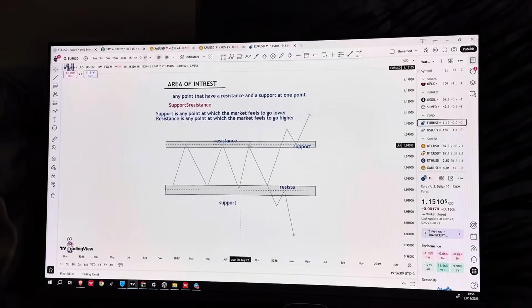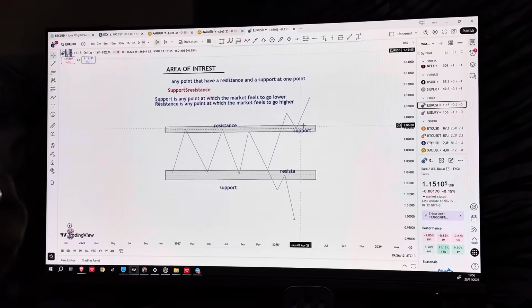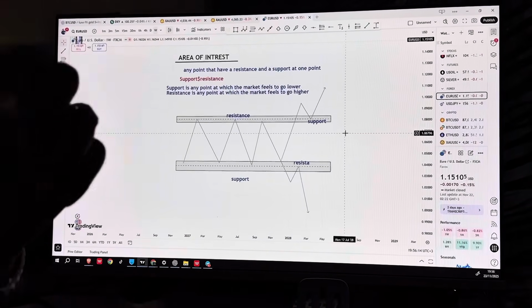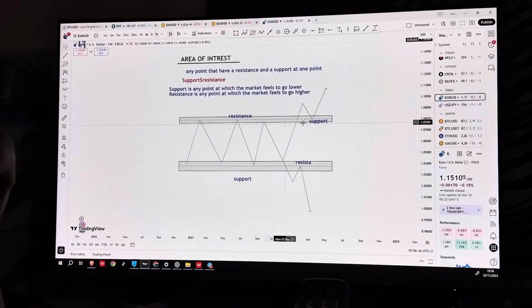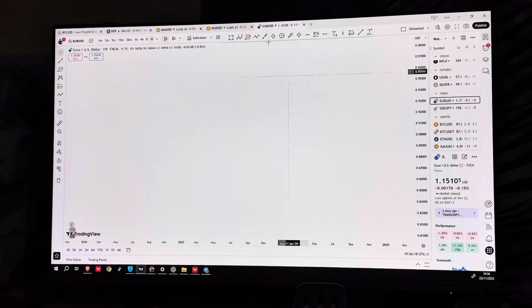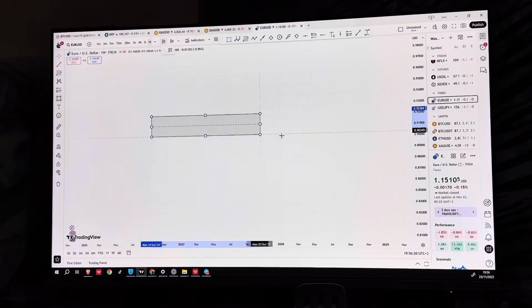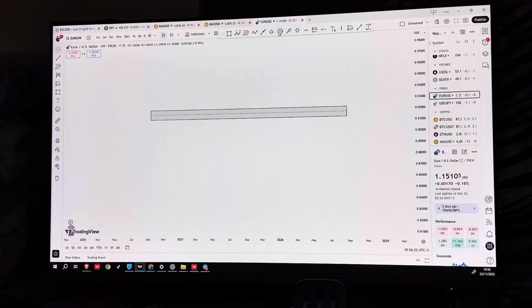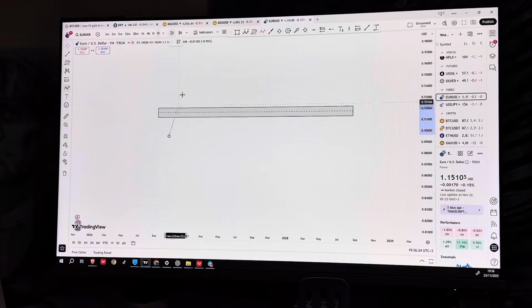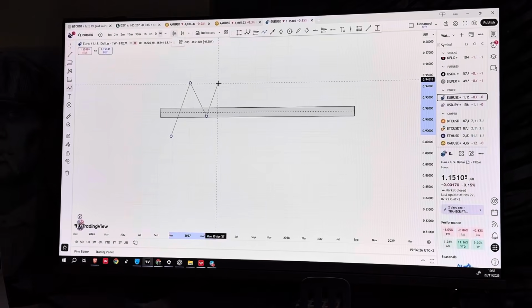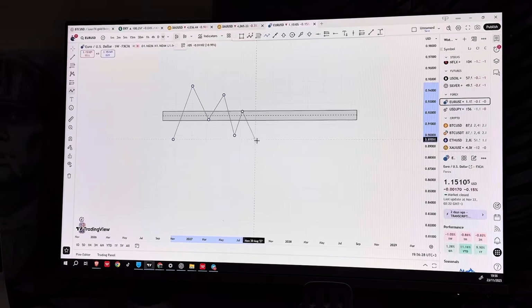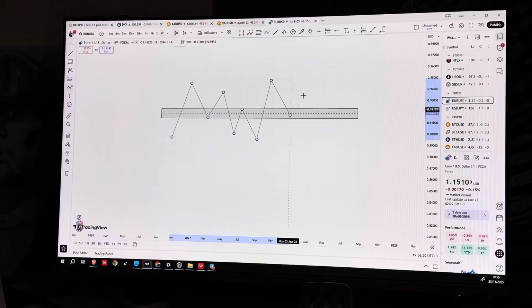So in this example, I can say it's my area of interest because it has a resistance and a support. In other words, I can draw something like this. I want to show people something.